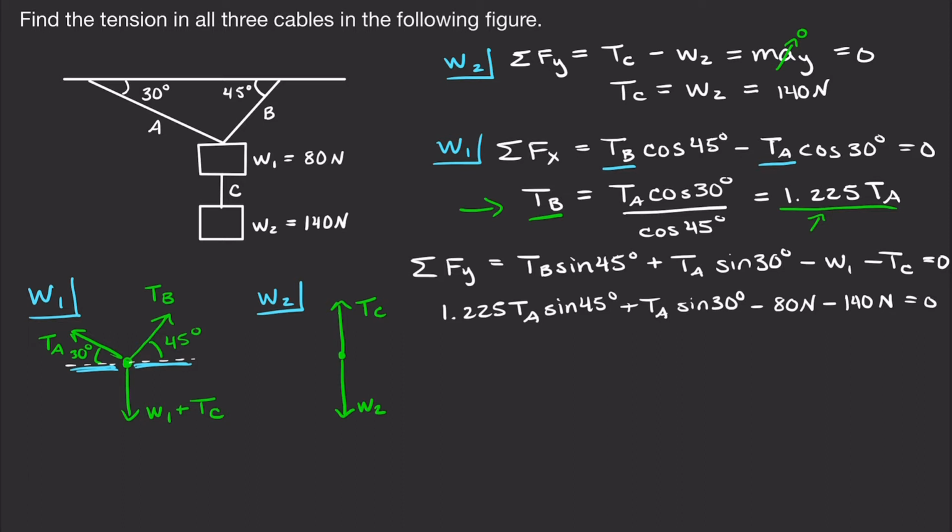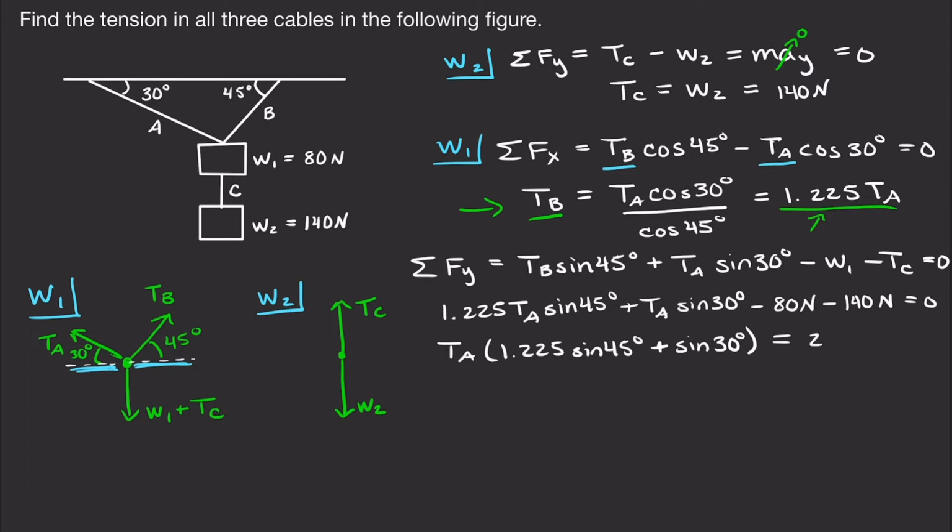Now all I need to do is isolate TA. So I'm going to factor out TA of these first two terms: 1.225 times sine of 45 degrees plus sine of 30 degrees. I just factored that out of both of these. Then I'm going to move these two negative forces to the other side and add them together, so plus 80 and plus 140.